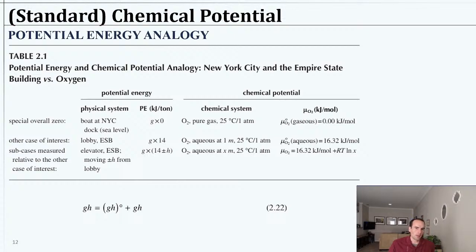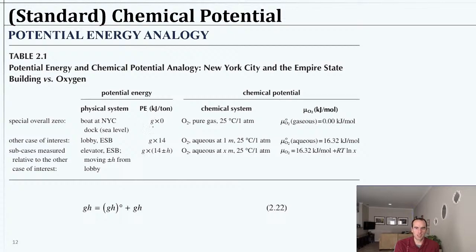Okay, so I'm going to take this analogy just a little bit further. In one of the books that I took some material from, I don't think this is our book, it gives an analogy of New York City and the Empire State Building and oxygen. So in the physical system, we could take a look at a boat at sea level in New York City at a dock.